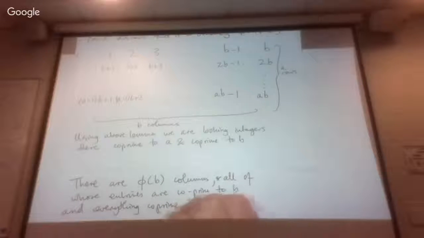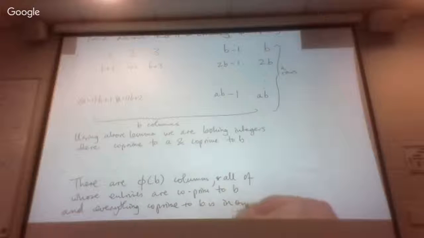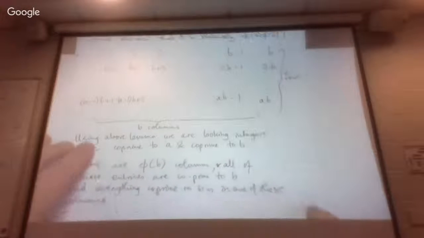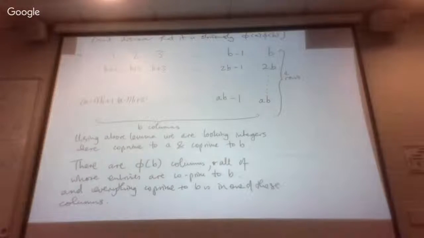Everything co-prime to b is in one of these columns. Okay, so we've identified everything that is co-prime to b. Now we have to look at which of those numbers are also co-prime to a.